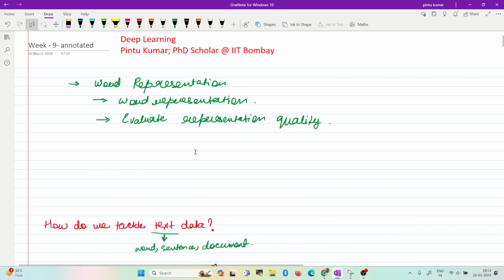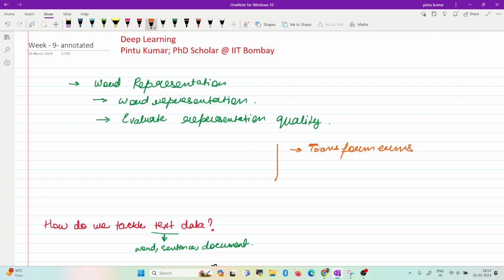But in the research or academic domain, or in applications like ChatGPT, they are not using these representations a lot. They have switched to something known as transformers. Because these lectures were recorded earlier, transformers are not covered here.